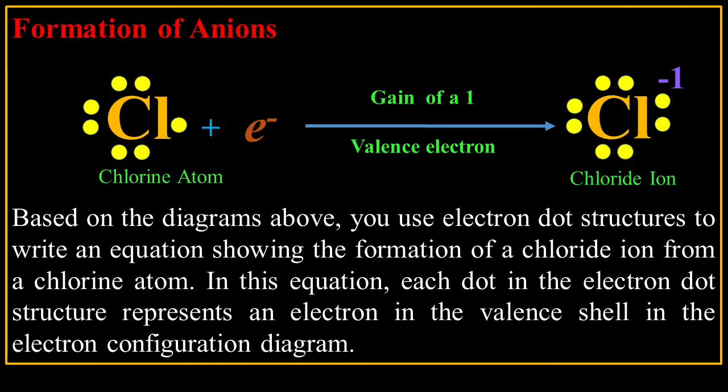Based on the diagrams above, you use electron dot structures to write an equation showing the formation of a chloride ion from a chlorine atom. In this equation, each dot in the electron dot structure represents an electron in the valence shell in the electron configuration diagram. Very important. Okay.